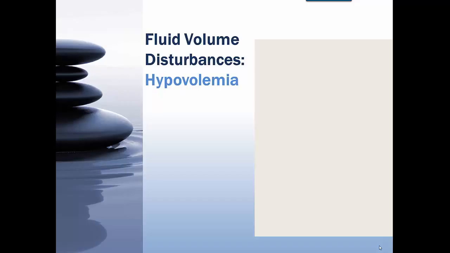Dehydration itself is due to loss of water alone and no electrolyte loss, versus hypovolemia, which is due to loss of water and electrolytes in the extracellular fluid. Many of the treatments are the same, but it's very important that you understand the difference in that principle.